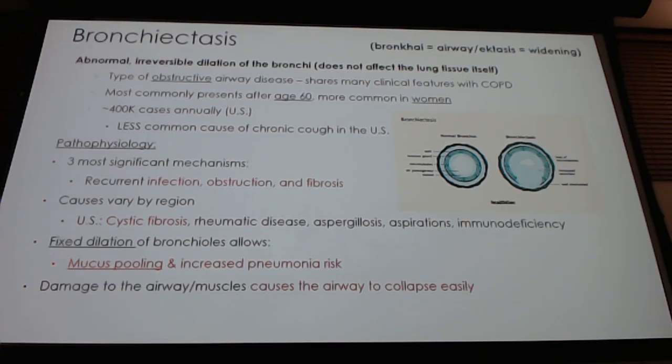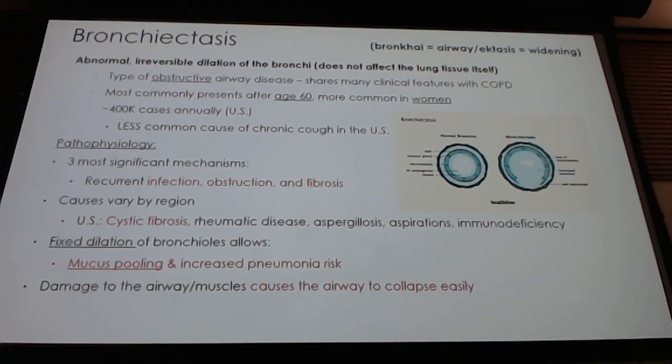So it's fixed, and then what happens is we've got this mucus that can't clear. When things sit and don't clear, like when you're holding your pee in the field for 2 days and you get a bladder infection, or when you have eustachian tube dysfunction and your ears don't drain, and then you get an ear infection, or when you have sinusitis from a virus and your sinuses don't drain, then you get a sinus infection.